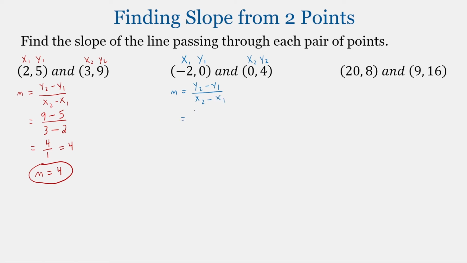Y sub 2 is 4 minus y sub 1 is 0 all over x sub 2 is 0 minus a negative 2. So now we have 4 minus 0, that's 4. And then 0 minus a negative 2, so that's going to be plus 2. 4 divided by 2 is 2. So we have a slope equal to 2.